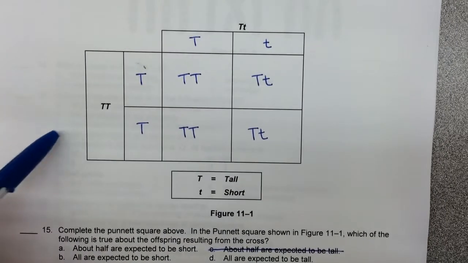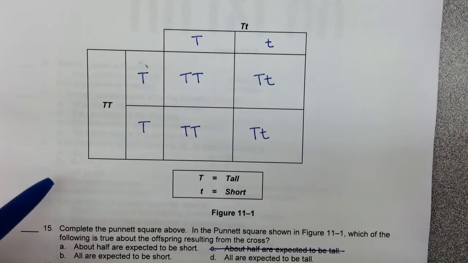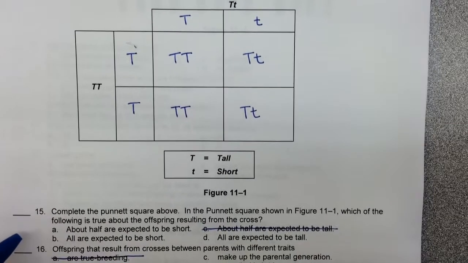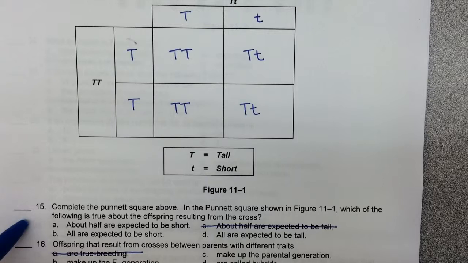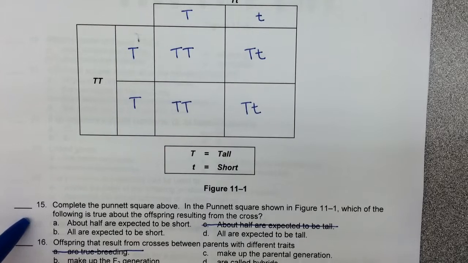For number 15, we're going to need to pay attention to this Punnett square up here. Number 15, complete the Punnett square above, which I already did for you. In the Punnett square, which of the following is true about the offspring resulting from the cross? A, about half are expected to be short. B, all are expected to be short. Or D, all are expected to be tall.